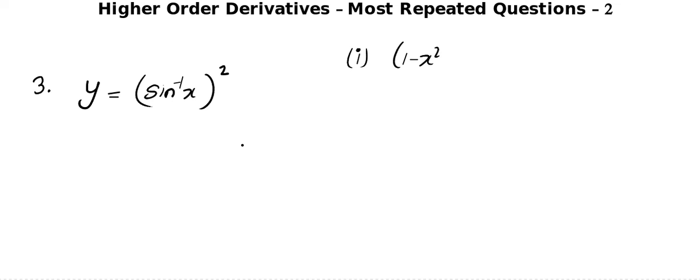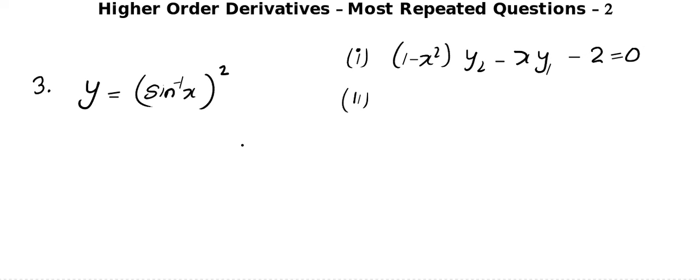So the third question is, okay, it's a little bit special. The question is y is equal to sin inverse x the whole square, and you have to prove two things. The first thing, 1 minus x square into y2 minus x y1 minus 2 is equal to 0.